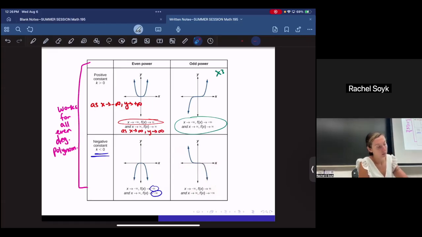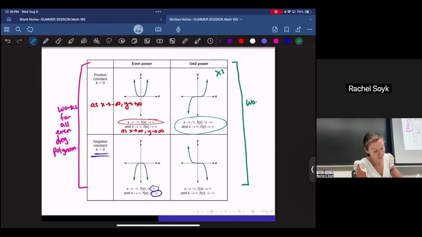Once again, this works for all odd degree polynomials, so anything to the 7th power or the 23rd power, and so on and so forth.